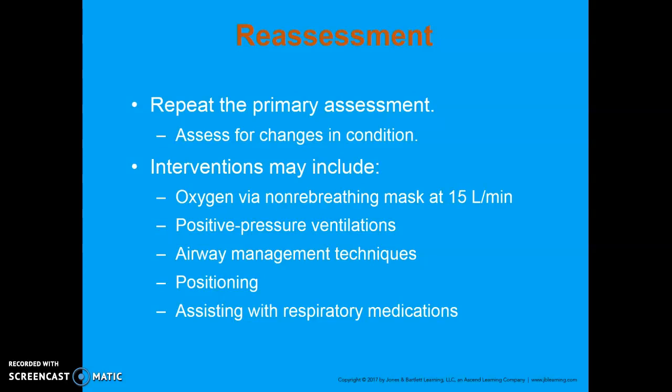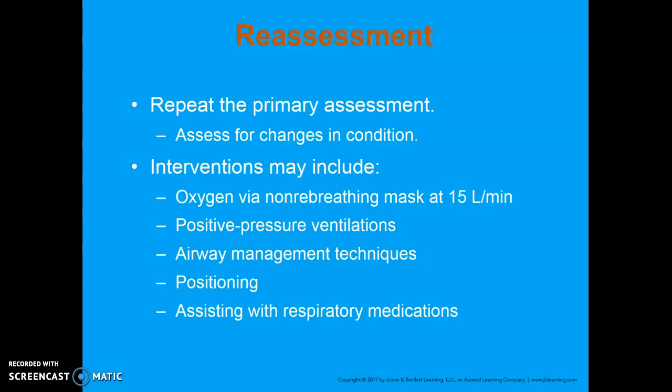If they are not stable, then we take that down to every 5. Potential interventions for respiratory problems at the EMT level include positioning first and foremost. Positioning can actually go a long way for the patient, and they may want to be up in the high Fowler's or just whatever's comfortable for them.